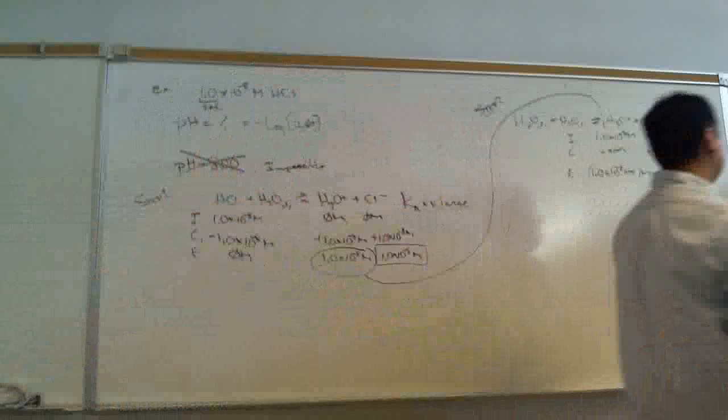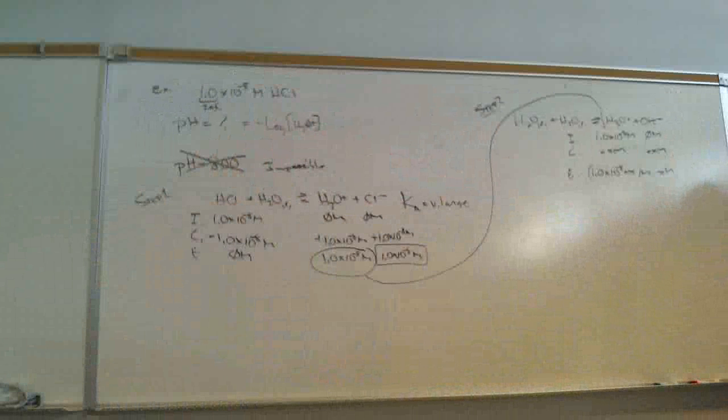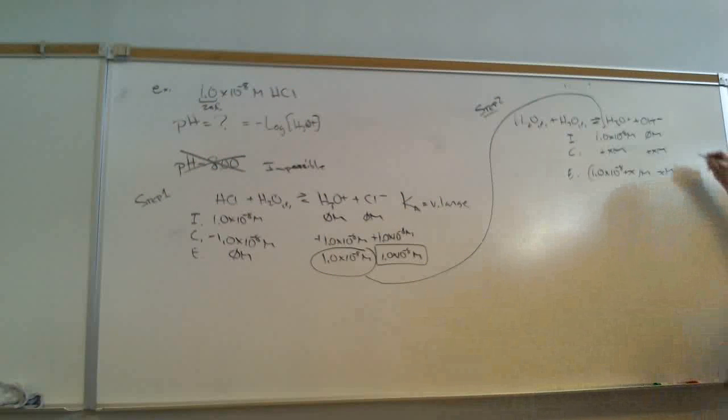Now, let's go ahead and try to solve for X. So Kw, you memorize 1.0 times 10 to the minus 14, which is equal to the hydronium ion concentration at equilibrium times the hydroxide ion concentration at equilibrium.